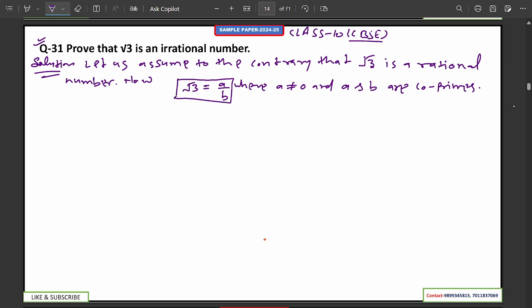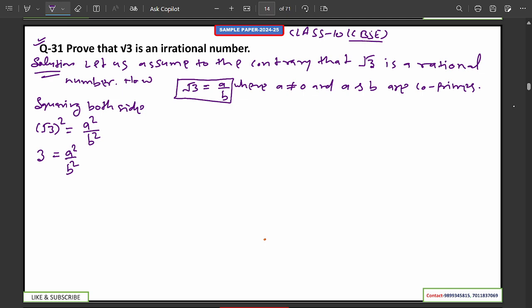Now squaring both sides, square root 3 multiplied by square root 3 becomes 3, and a square over b square.